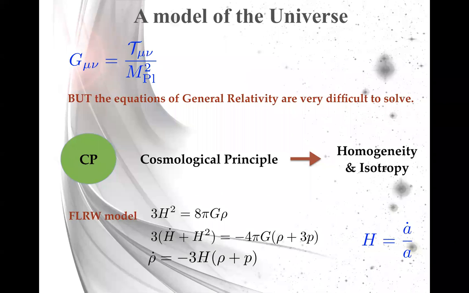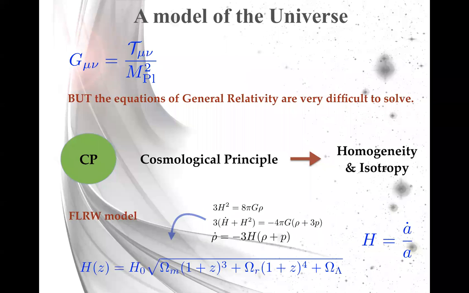And of course I also have equations of motion of the matter fields. And I can solve them, and I can parameterize my Hubble function in this specific way here, where Omega matter is the energy density associated to the matter fields, this one associated to the cosmological constant, and so on.